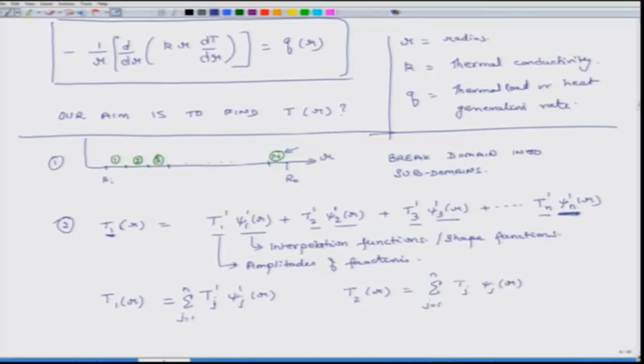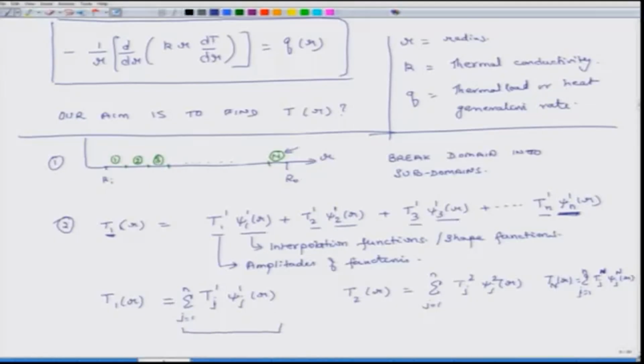You have to be patient while writing these, because there are lots of subscripts and superscripts, and the superscript will be 2. And for the big Nth element, TN(r) will be the summation of Tj^N psi j^N(r), and I am summing over 1 to small n. Is this clear?